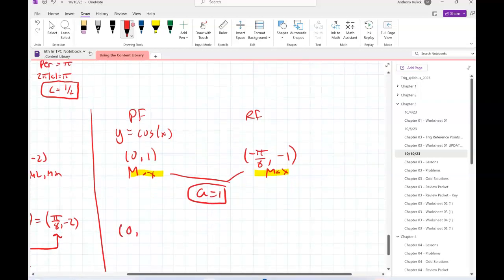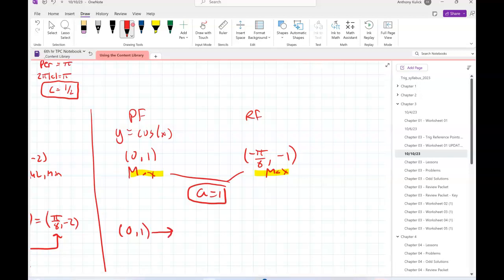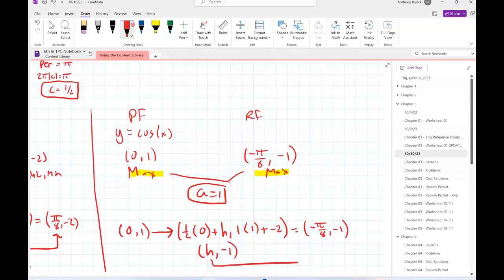And then to transform 0, 1 to -pi/8, comma, -1, I have to do c times x plus h, and a times y plus k. So 1/2 times 0 plus h is h. 1 times 1 plus -2 is -1.